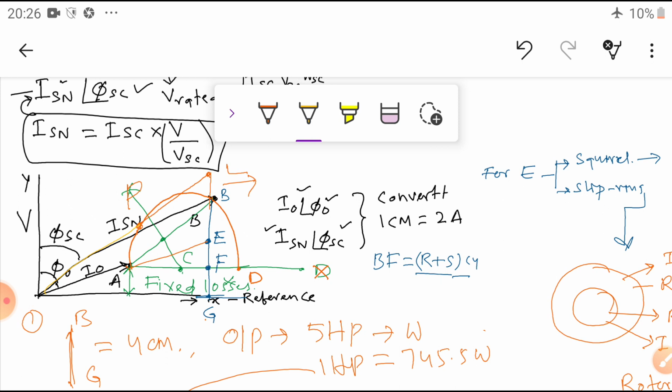From P, draw one vertical line up to the reference axis, in parallel with the V axis.